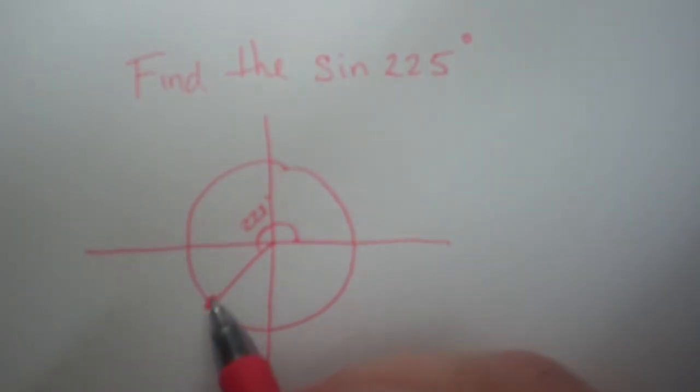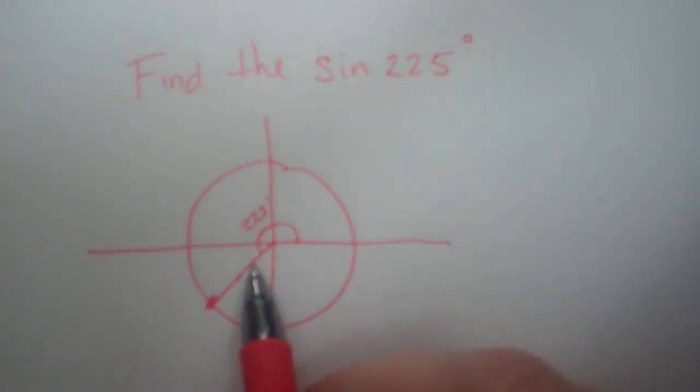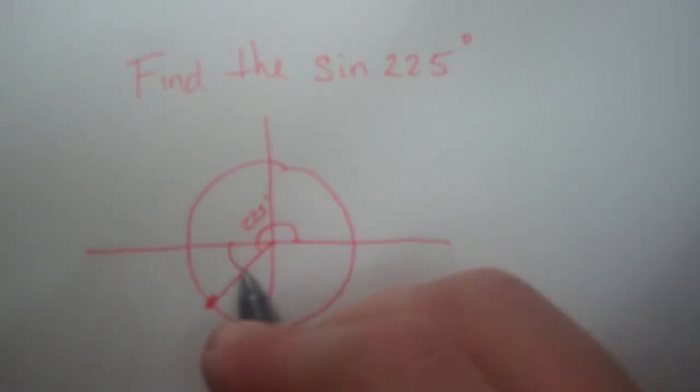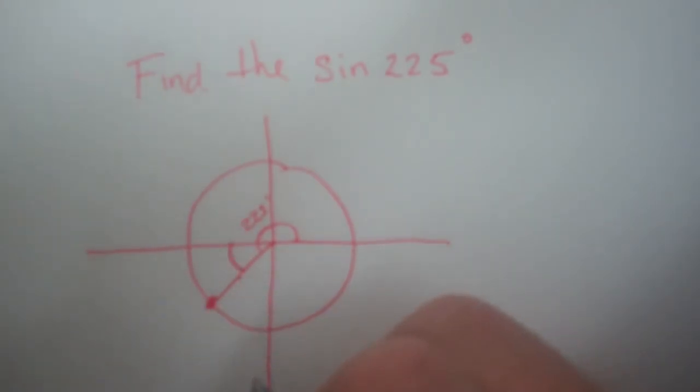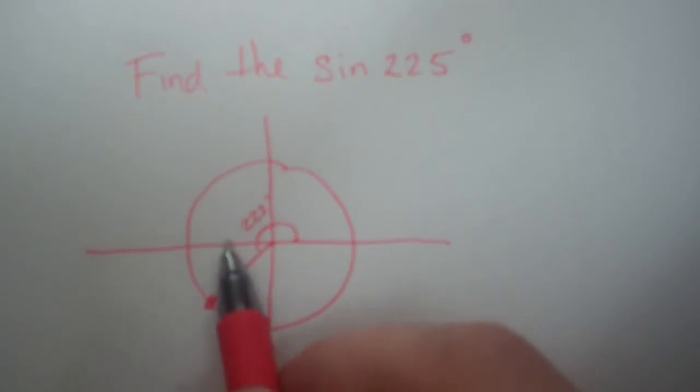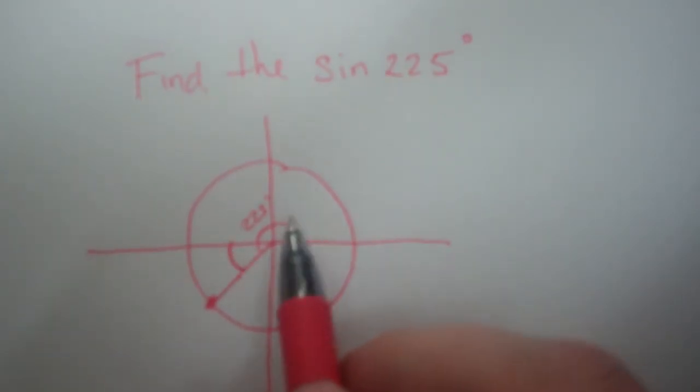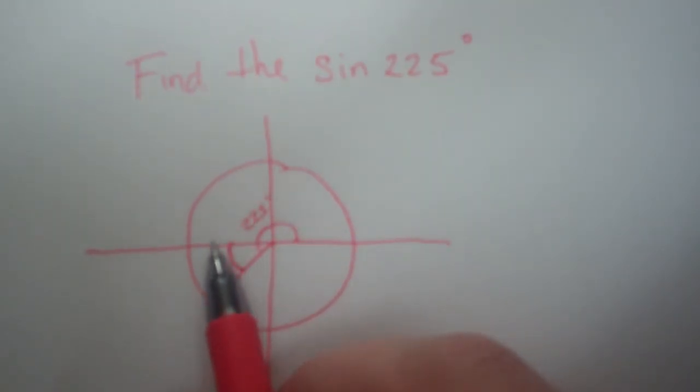What is its reference angle? Well, the reference angle is the shortest angle which takes us from the terminal side back to the x-axis. Clearly, we would not go this way. The shortest distance is this one right here. And what is the size of this angle? Well, from there to there is 180.